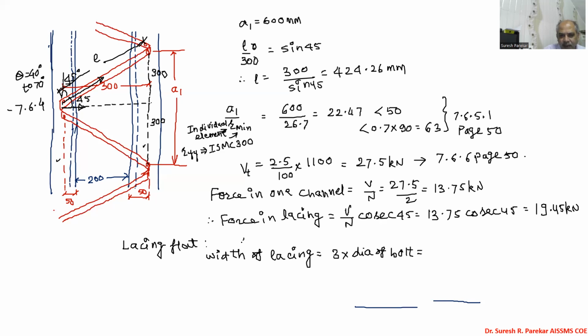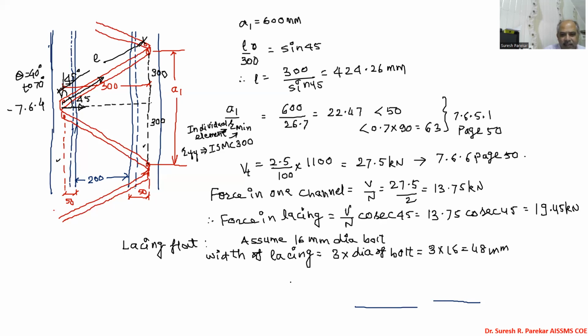We will assume a 16 mm diameter bolt, and from this we will get 3 into 16, that is 48 millimeters.